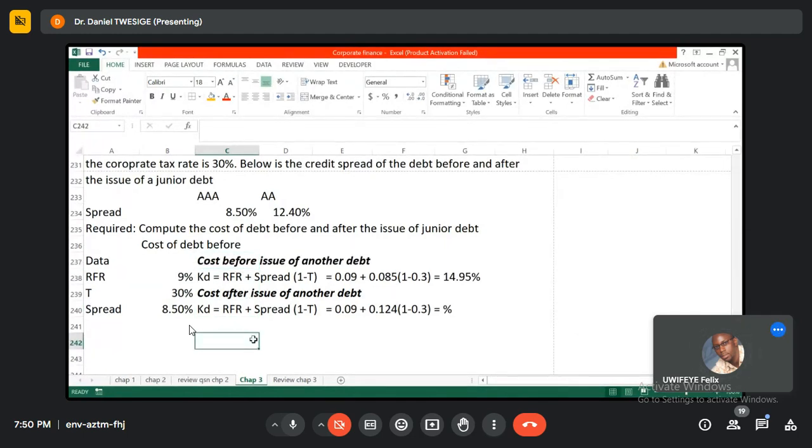What are you getting? So that is how we can incorporate credit rating.